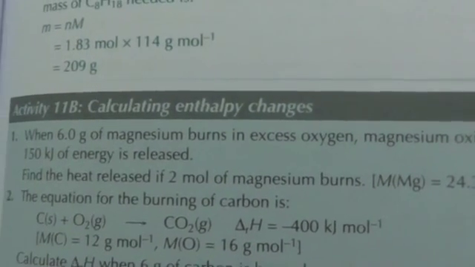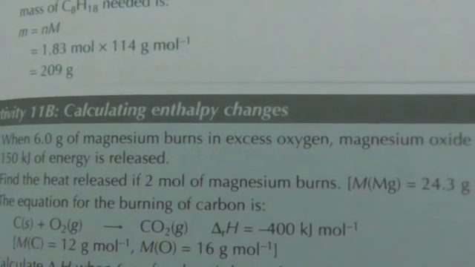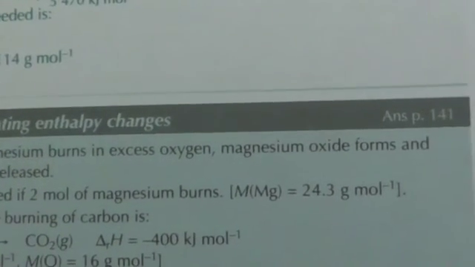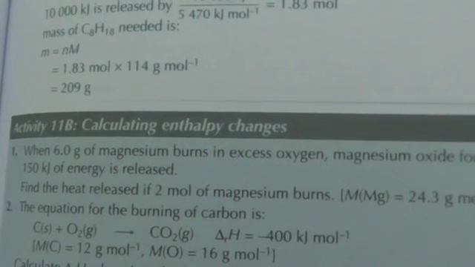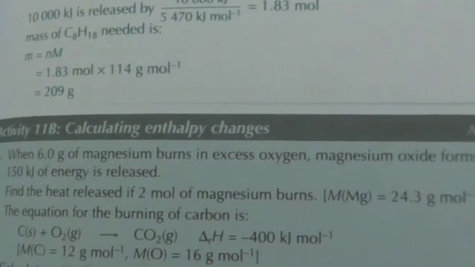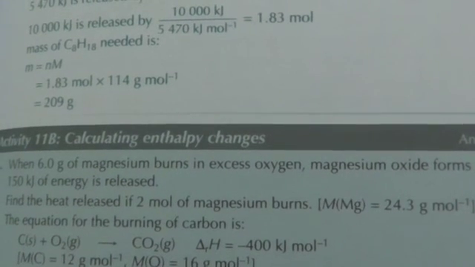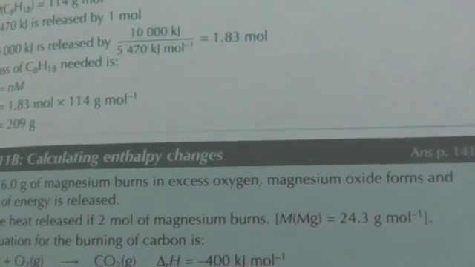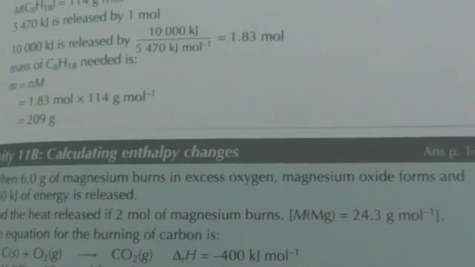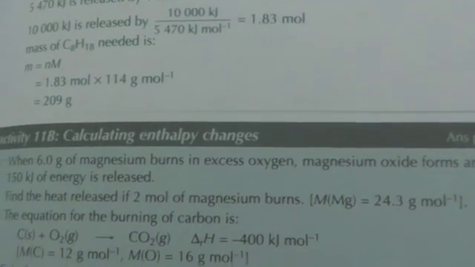The first question says, when 6 grams of magnesium burns in excess oxygen, magnesium oxide forms and 150 kilojoules of energy is released. So 6 grams of magnesium burns in excess oxygen, magnesium oxide forms, energy is released. It's an exothermic reaction.